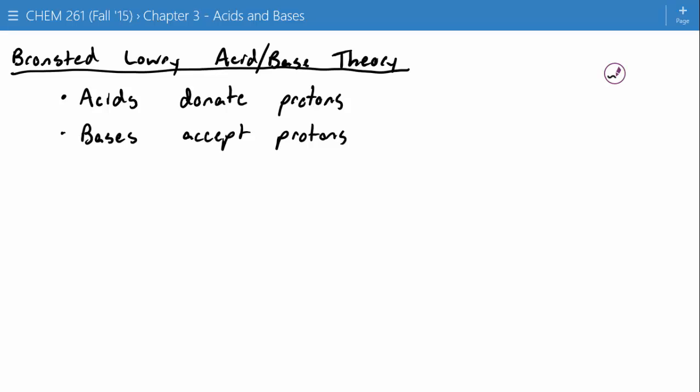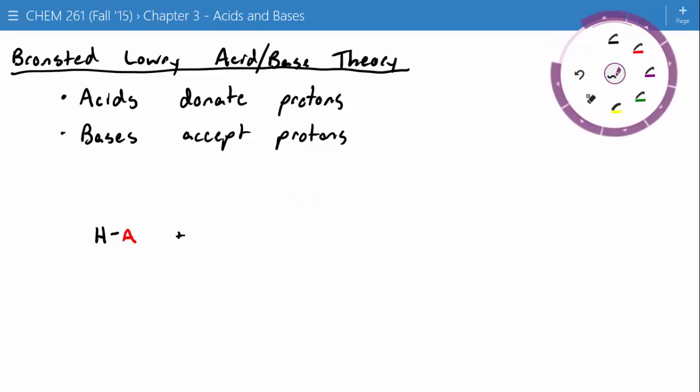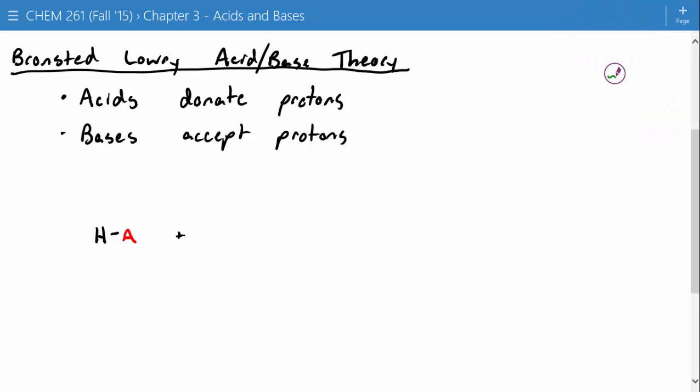So let's take a look at this in terms of chemical reaction. So let's say we've got our acid HA. And I'm going to draw our acid in red. And we've got another base, and I'm going to draw this base in green. And essentially all that happens is that the proton that's attached to our acid gets handed off to our base. The way I always imagine this is like a track relay, where our proton is a baton.